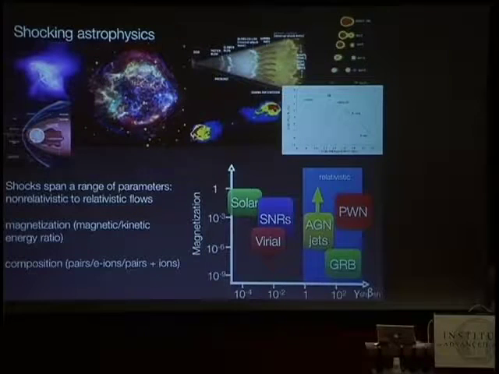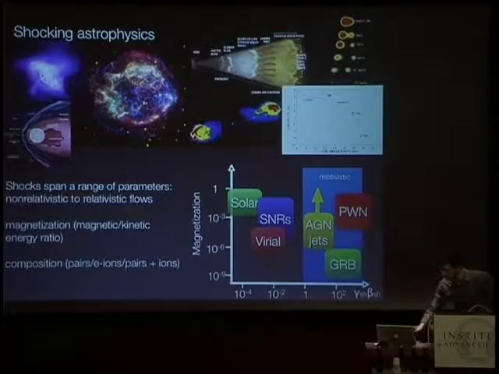These are the shocks during the formation of structure, during the accretion onto clusters, for example. These are the active galactic nuclei jets, pulsar wind nebula, gamma ray bursts. And so what's shown here is we know fairly well how fast these shocks are moving. We don't know that well what are the typical magnetic fields that they're encountering. So there is a relatively large range of magnetic fields that you can find here. The solar wind shocks turn out to be the most magnetized and the slowest ones.